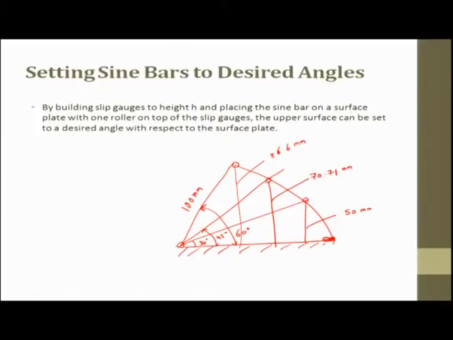So you can see here, for varying heights, by building a slip gauge of height h and placing the sine bar on the surface plate with one roller on top of the slip gauge, the upper surface can be set to a desired angle. So these are the angles with respect to the surface plate. No measurement is required between the cylinders since this is a known length.